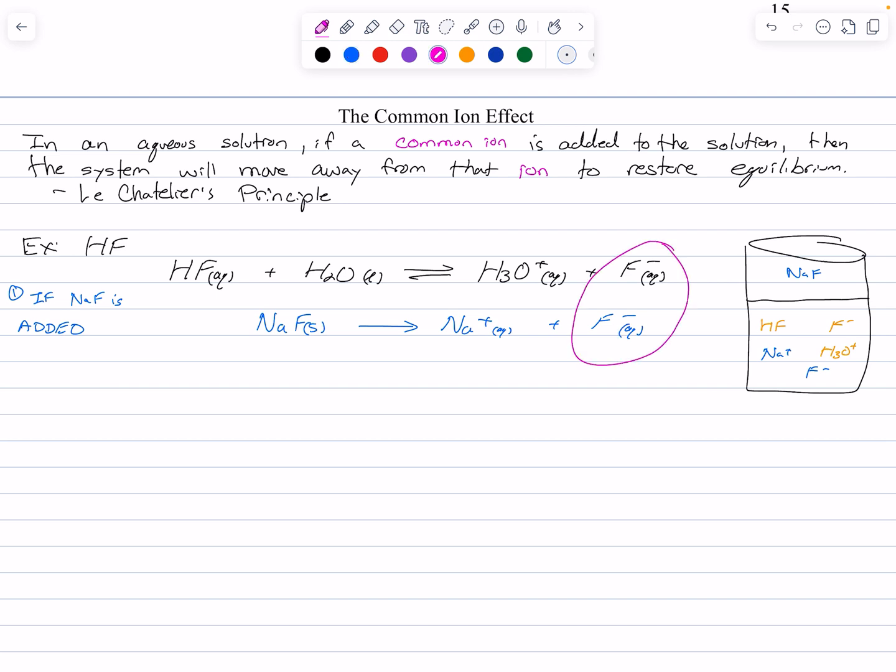Common ion right there. So we have two fluorides. That's the common ion. Well, that means that the fluoride ion is the common ion.